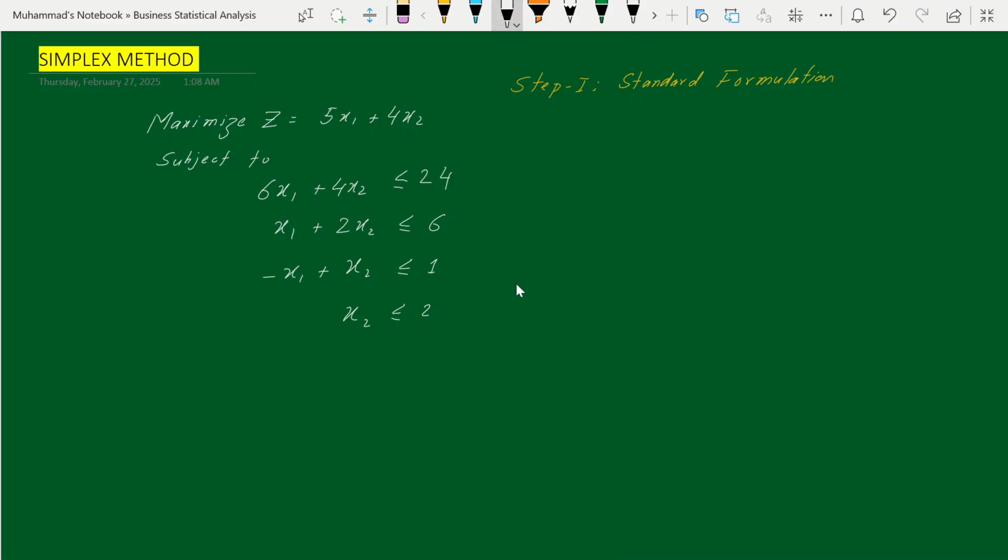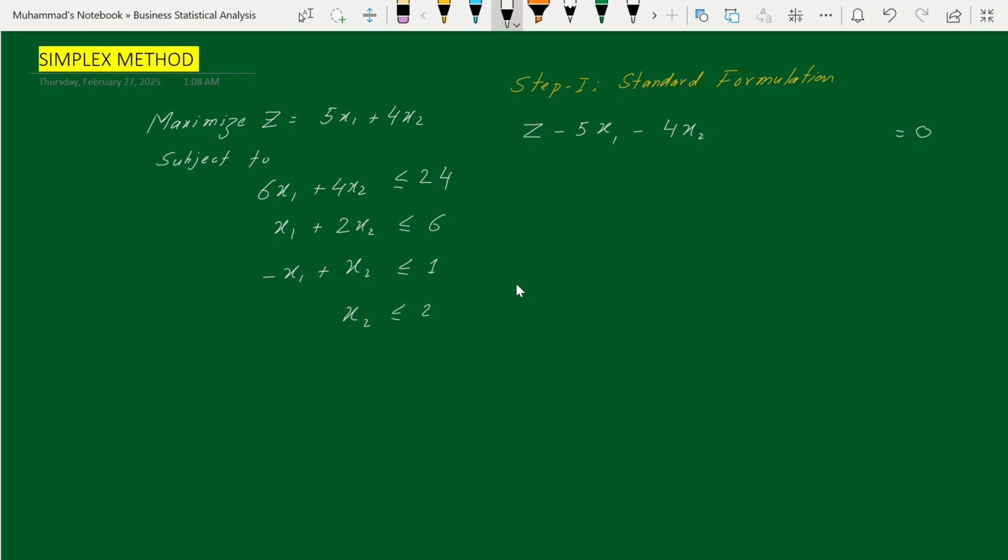I can write Z minus 5x1 minus 4x2 equals 0. Similarly, I can write this constraint as well.